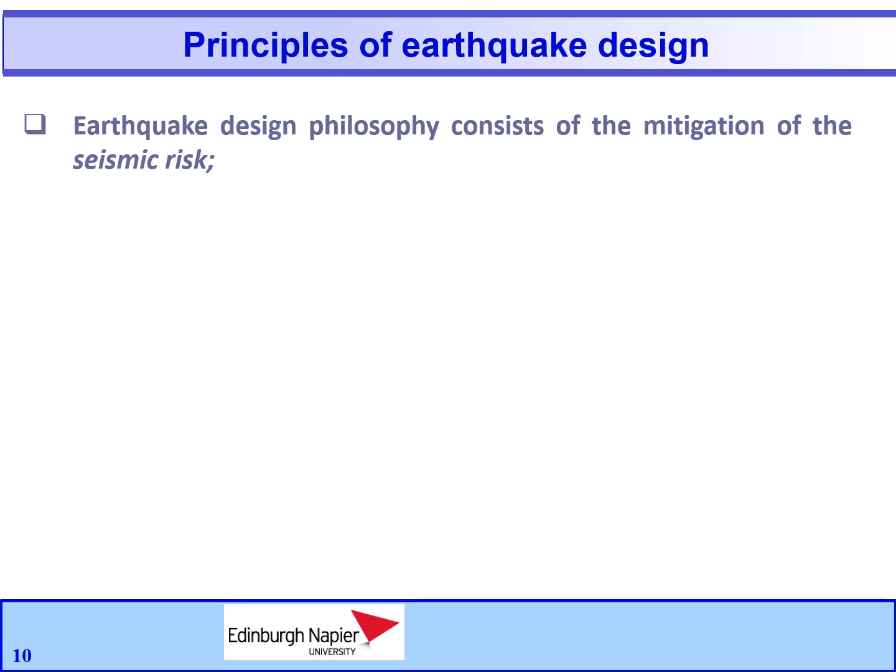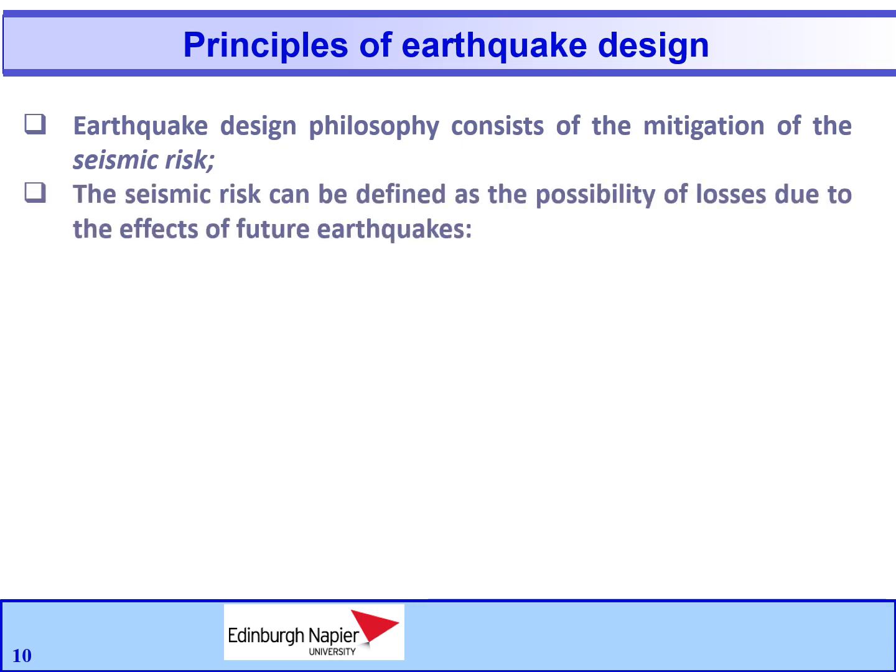We have understood from what was covered so far that earthquake design philosophy consists of the mitigation of the seismic risk. And there is a range of physical and socio-economic consequences that should be taken into account when the acceptable consequences are being decided, the acceptable earthquake risk for a certain construction.